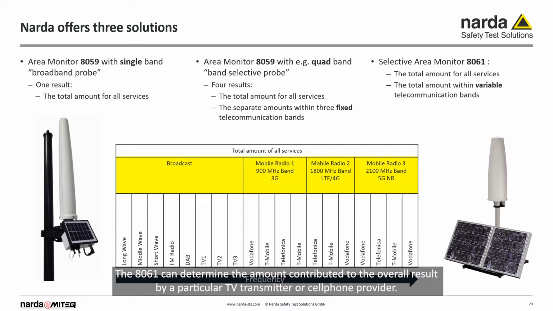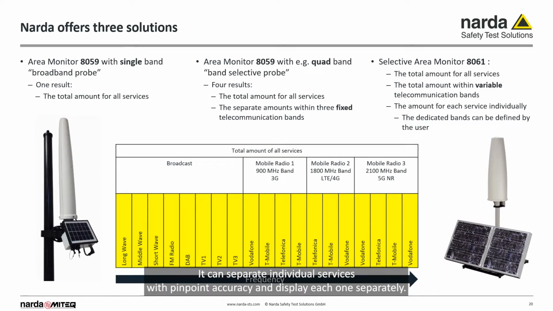The 8061 can determine the amount contributed to the overall result by a particular TV transmitter or cell phone provider. It can separate individual services with pinpoint accuracy and display each one separately. And, of course, the service of national interest to be investigated can be precisely defined by the system administrator. The 8061 is a chameleon among area monitors.